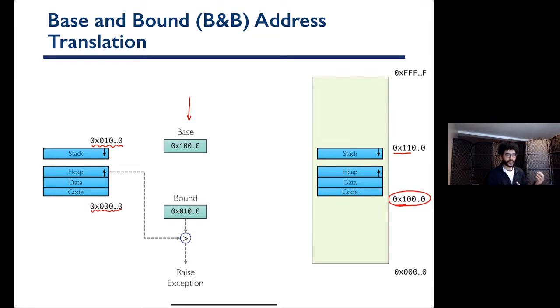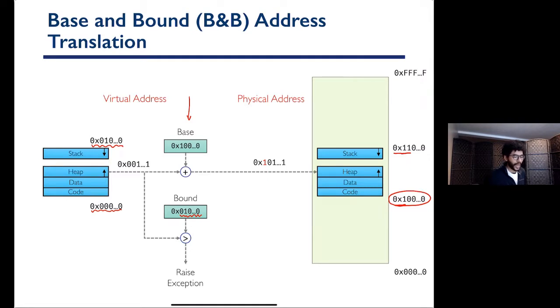So all of the addresses should be less than the bound, right? Because the addresses are being generated from 0 to some max. So we want to make sure that all these addresses are less than the bound. This is basically the size of your virtual address space. You want everything to be less than this. If they're more than this, then you raise an exception. And you're going to use the base to add to the virtual address, because the virtual address is going to come from 0 to the max.